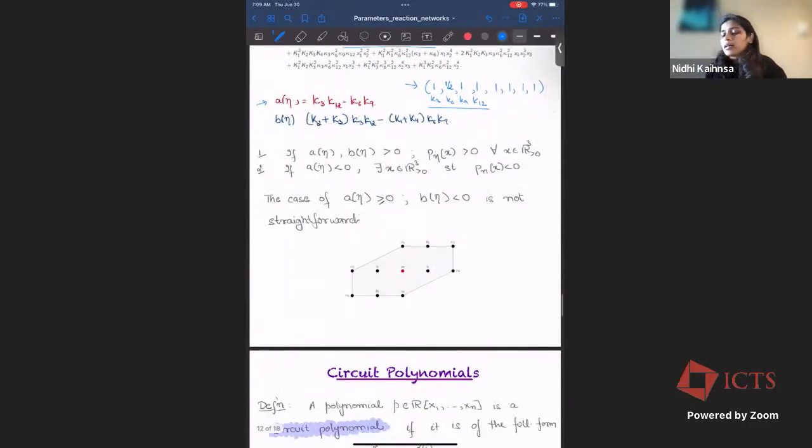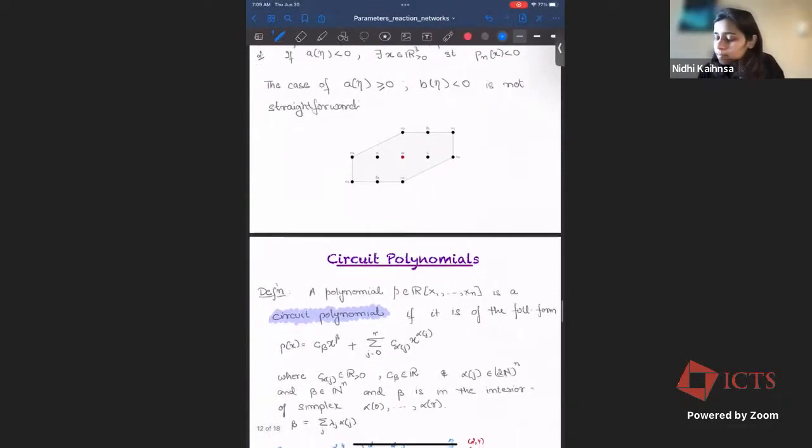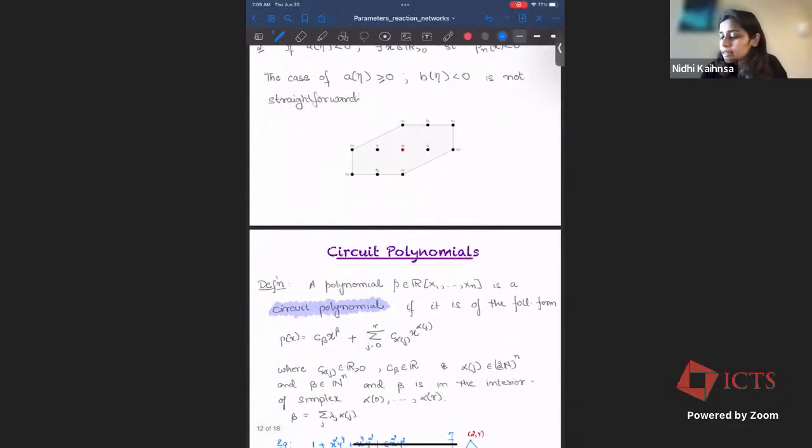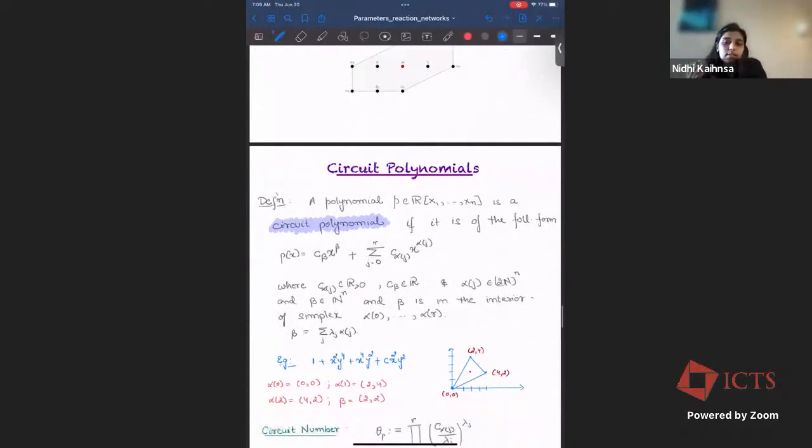To analyze this case, one way to do it is using circuit polynomials. What's a circuit polynomial? It's a polynomial where I have monomials which define a simplex, and the coefficients of those monomials should be positive, and I have an interior point inside the simplex given by beta. That coefficient is any real number.